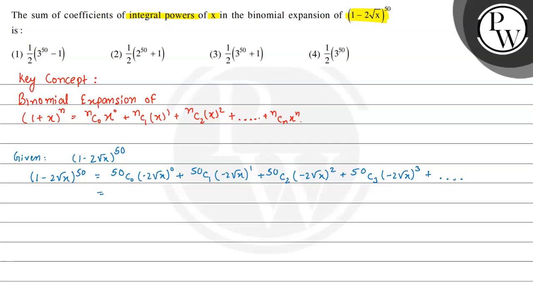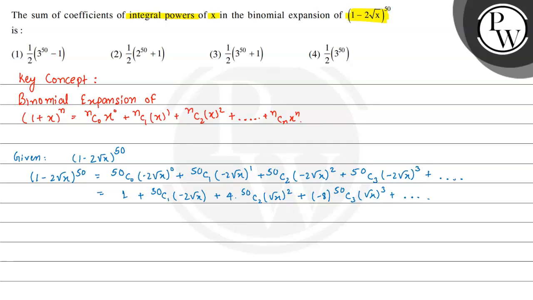If we solve this, this term will become 1 + 50C1 (-2√x) + 50C2, and if we take the minus 2 power common, we get 4 times 50C2 (√x)^2, plus -8 50C3 (√x)^3 and so on.